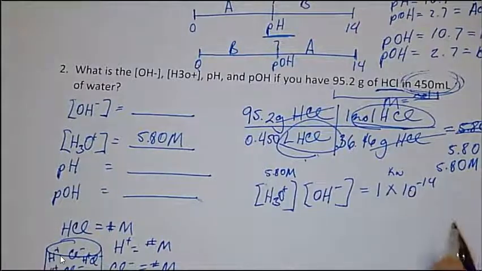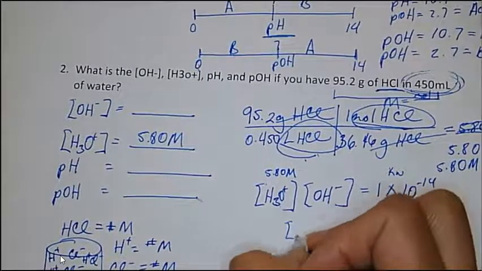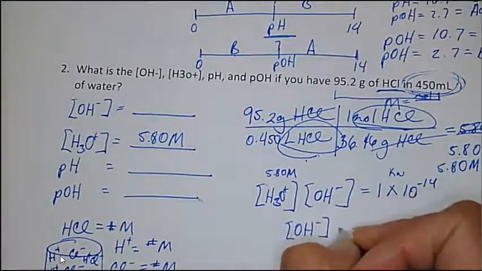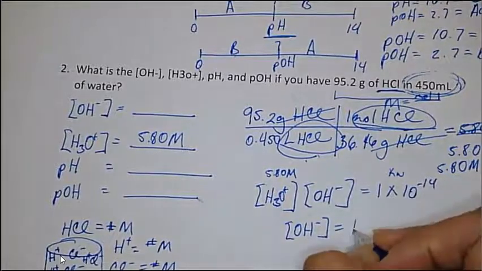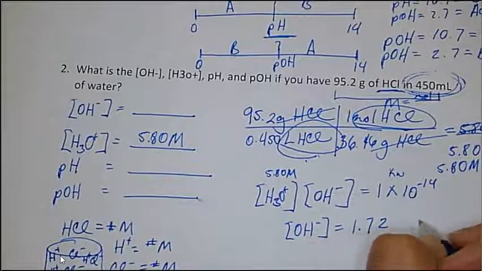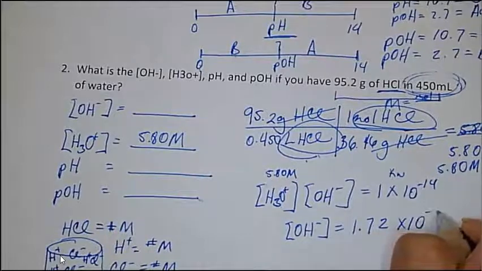Now, using the process of algebra, you can find the hydroxide ion concentration. So that would be 1.72 times 10 to the negative 15.